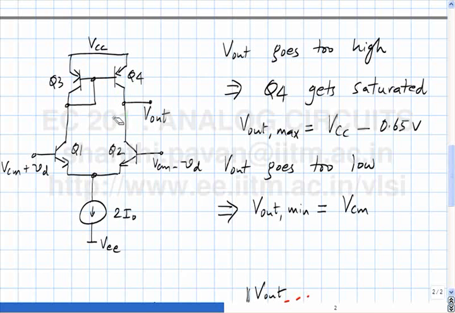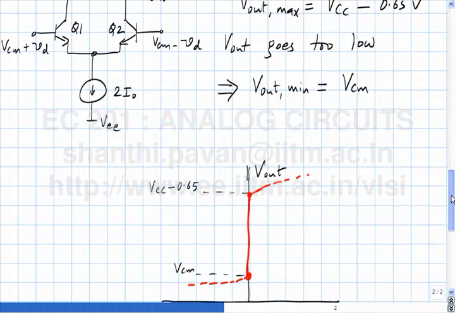So this is exactly the differential analog of what? This is the differential equivalent of what we have done earlier. When we first introduced the active load, we said we have a PMOS transistor with a current source in the drain.